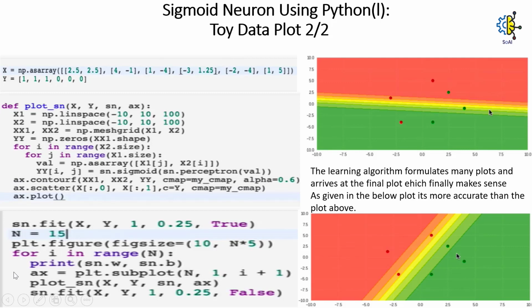The learning algorithm formulates many plots and arrives at the final plot, which finally makes sense as given in the below plots. It's more accurate than the plot above. It simply tells that this plot is more accurate than this plot.